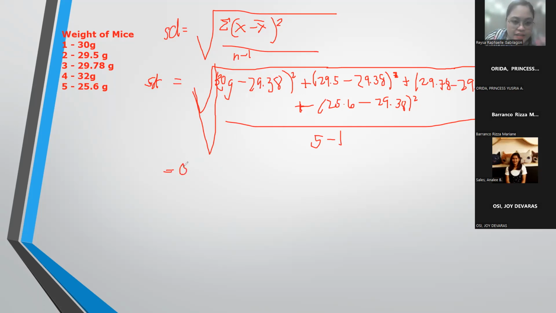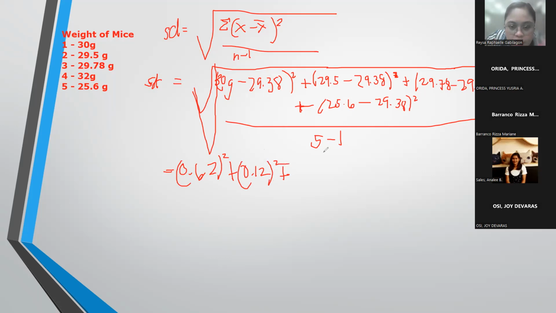Again, this is 0.62 plus 29.5 minus 29.38, which is 0.12. Oh, I forgot, this is not yet squared.